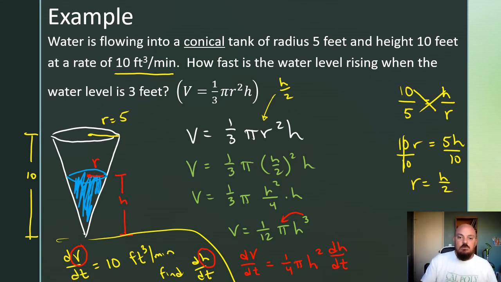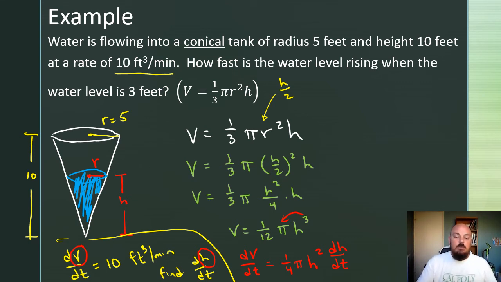I think I'm going to erase my work on the right over there just to give us a little space. All right, so I'm going to use that red equation. I'm going to plug in 10 for dV/dt. I have 1/4 pi. Maybe I'll just call that pi over 4, that's actually a little easier.